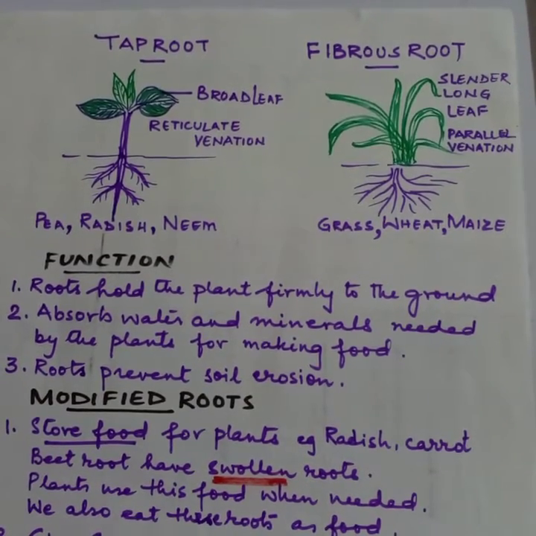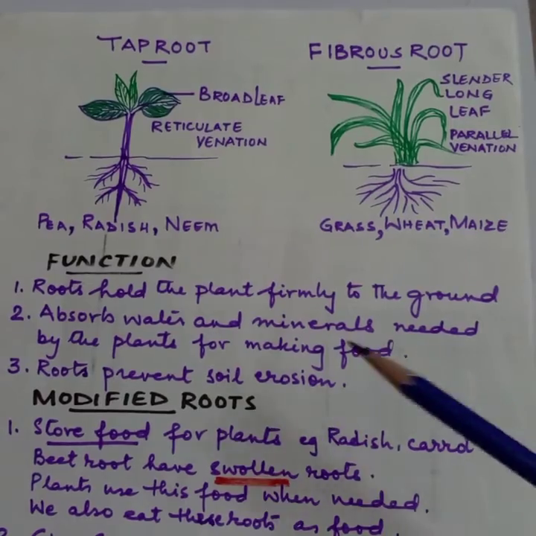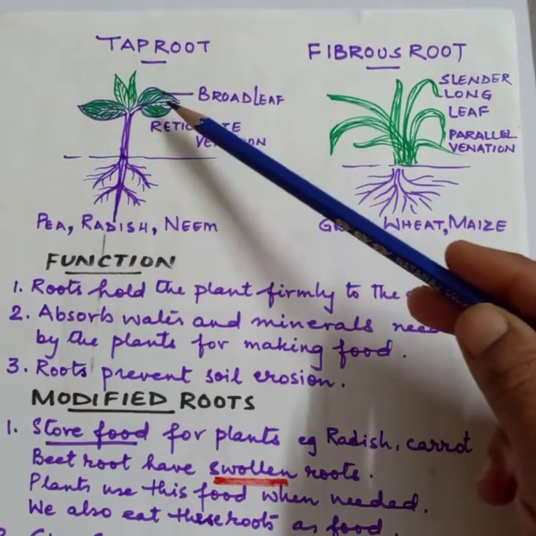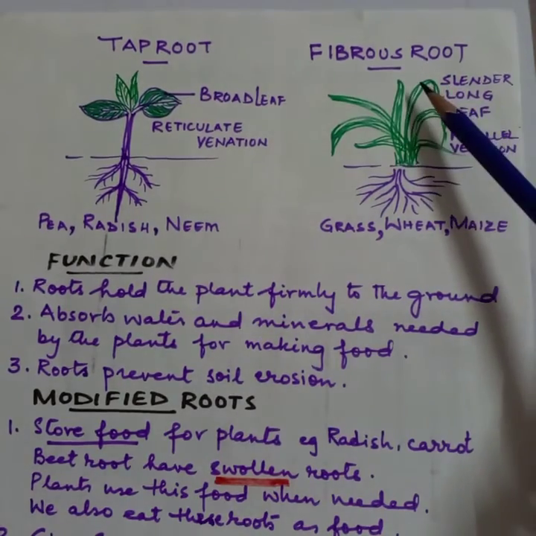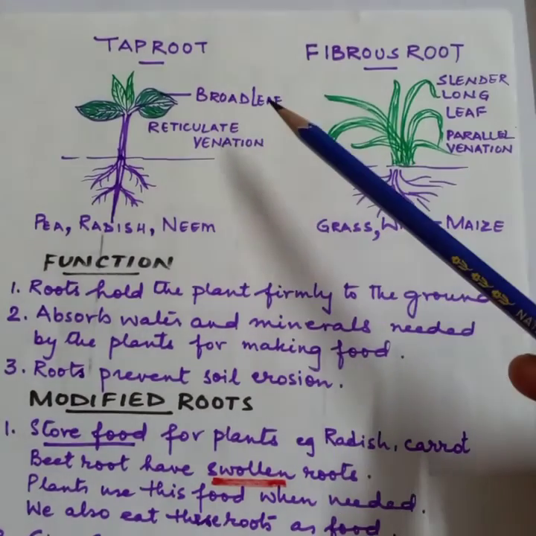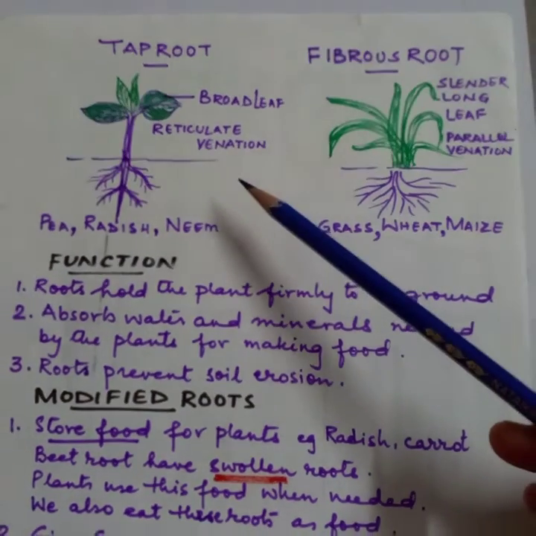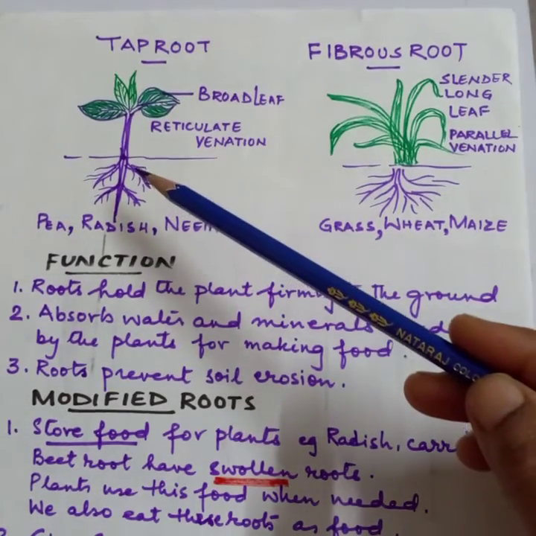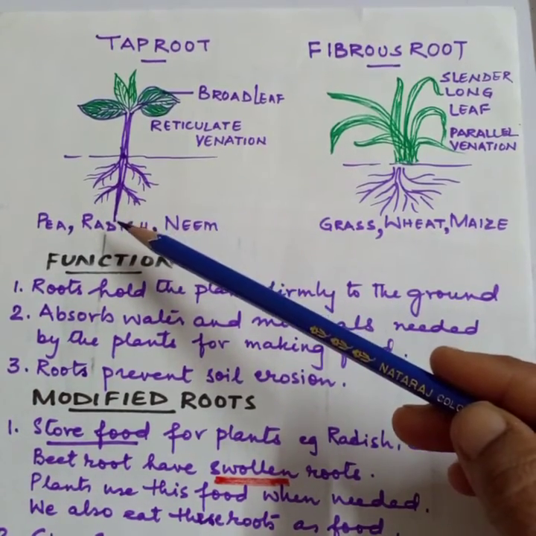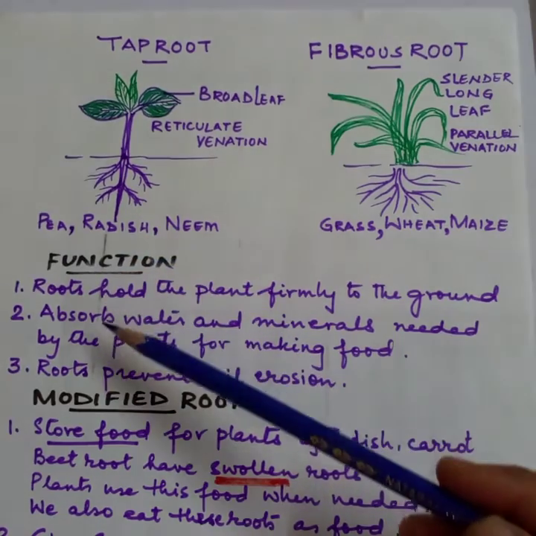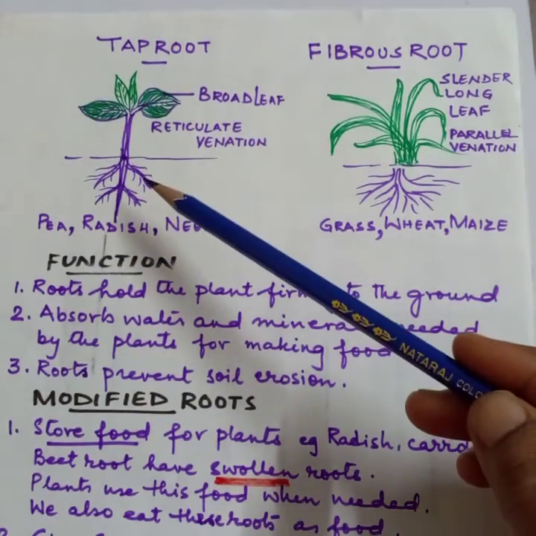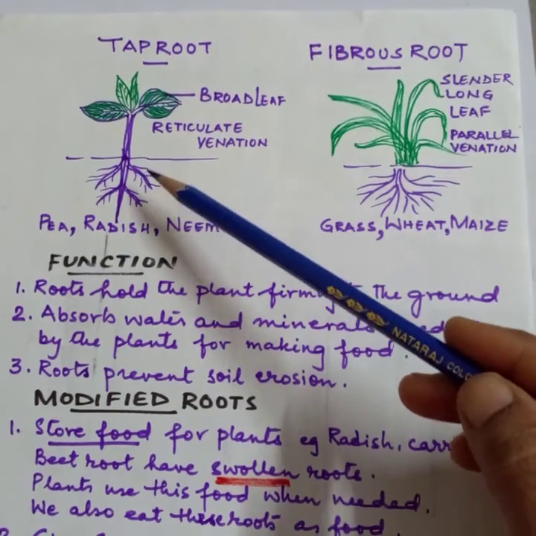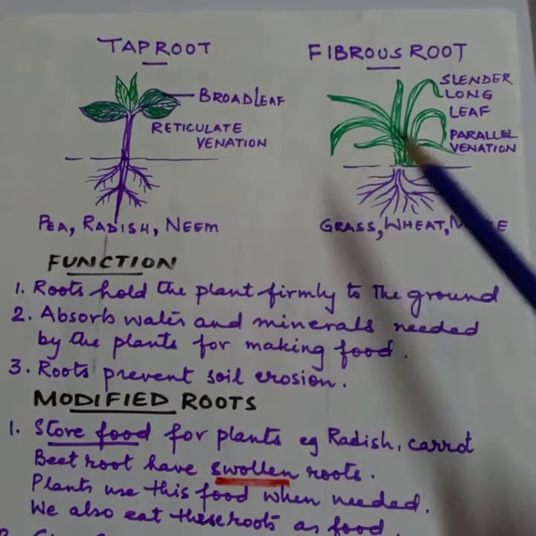To summarize, whatever we have learned till now is the two types of roots, taproot and fibrous root. The plant with broadleaf reticulate venation has taproot. Taproot has one main root which grows downwards, and it has lateral roots and root hairs.